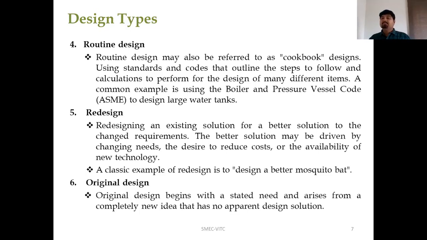A classic example is the mosquito bat. If you want to do better than that, what else can we do? We study the existing mosquito racket, understand the existing issues in it, try to address those issues, and improve the next racket so that it could be better than this.